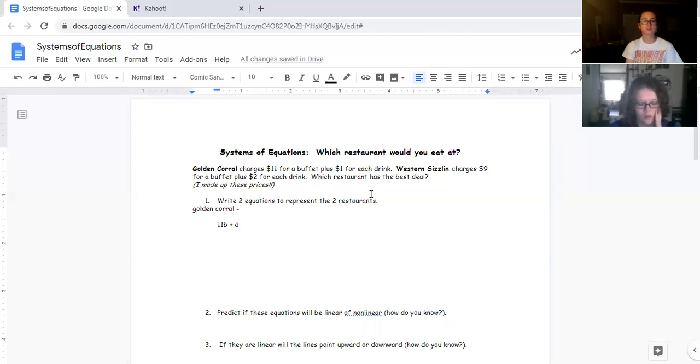So 11B plus D is going to equal your cost from Golden Corral. That right there is an equation: 11B plus D equals your cost. You can even put C for cost if you don't want to spell the whole thing out.